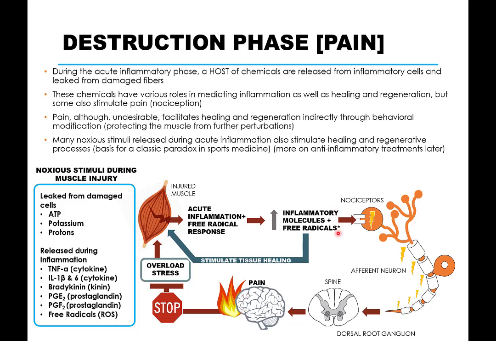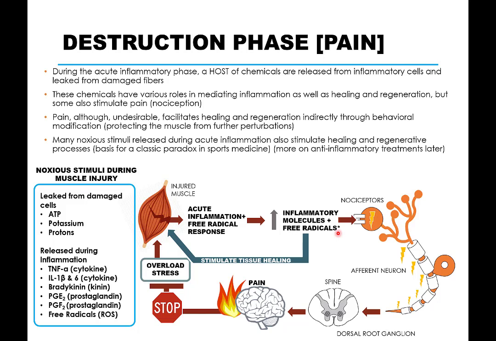So one of the beauties of this biological mechanism is that it is so well coordinated and purposeful. Imagine if there was no pain. Yeah, that sounds great on the surface, but don't you think that would enable you to use your injured muscle, especially for athletes, a muscle that is extremely vulnerable?